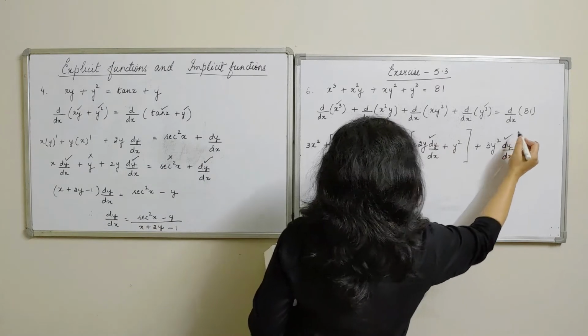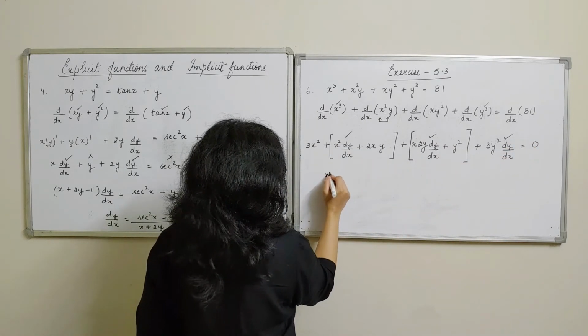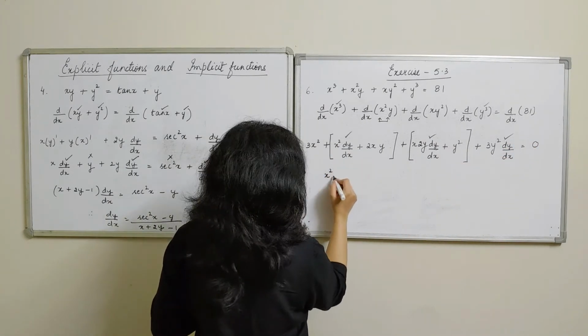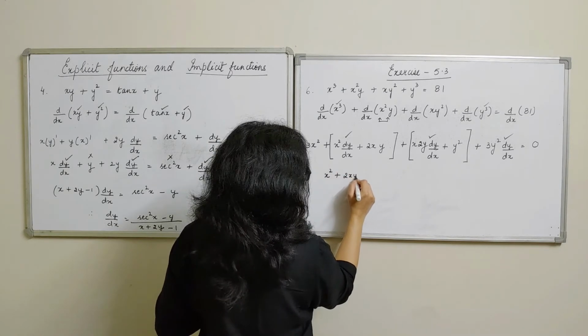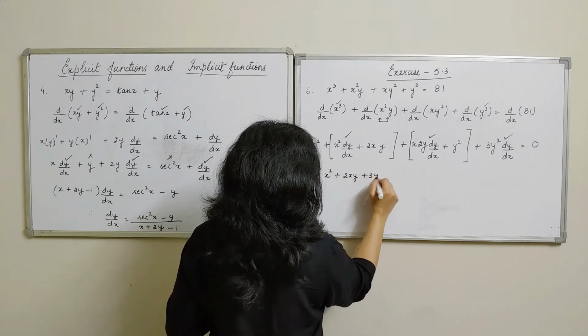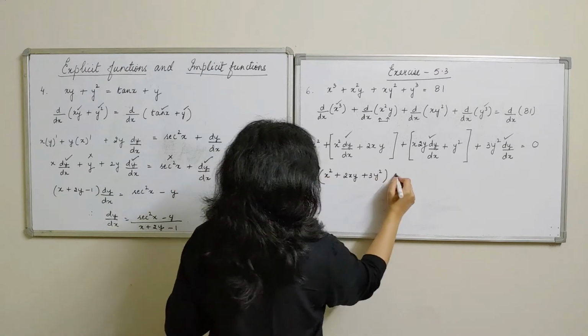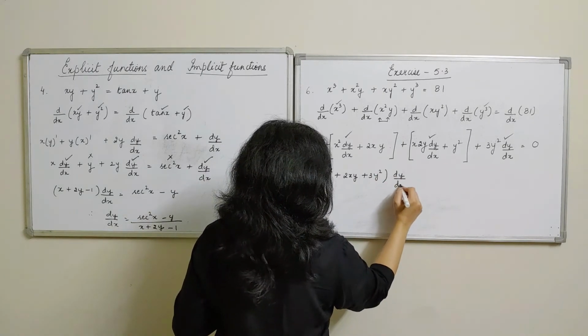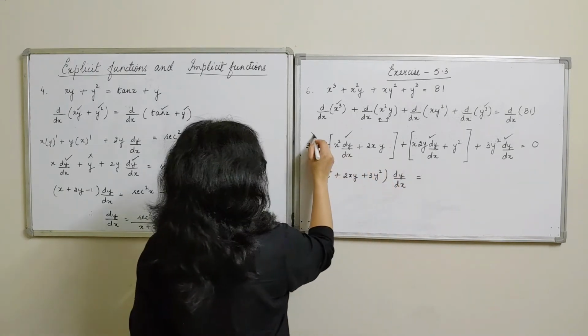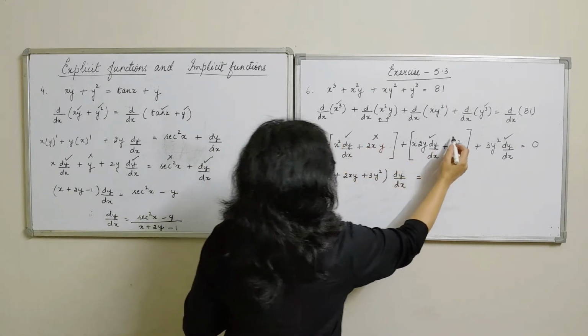So now, where are the derivative terms? 1, 2 and 3 terms. So let's take dy by dx common. So x square plus 2xy plus 3y square, dy by dx, and let's take all the other terms on the right hand side.